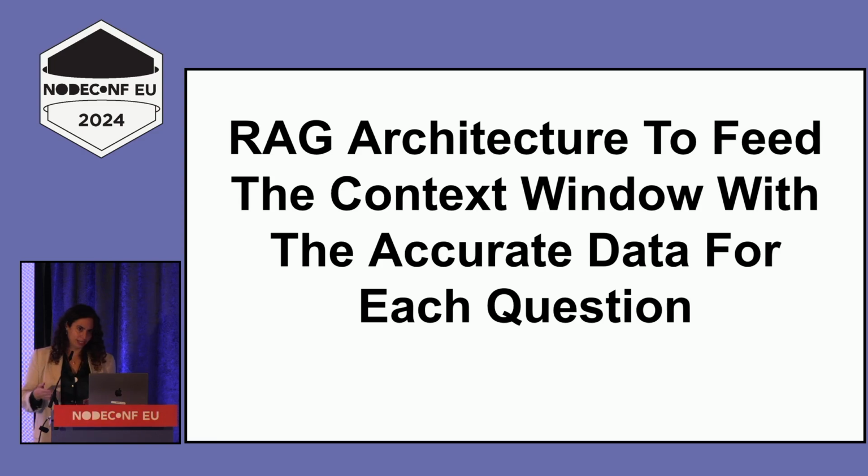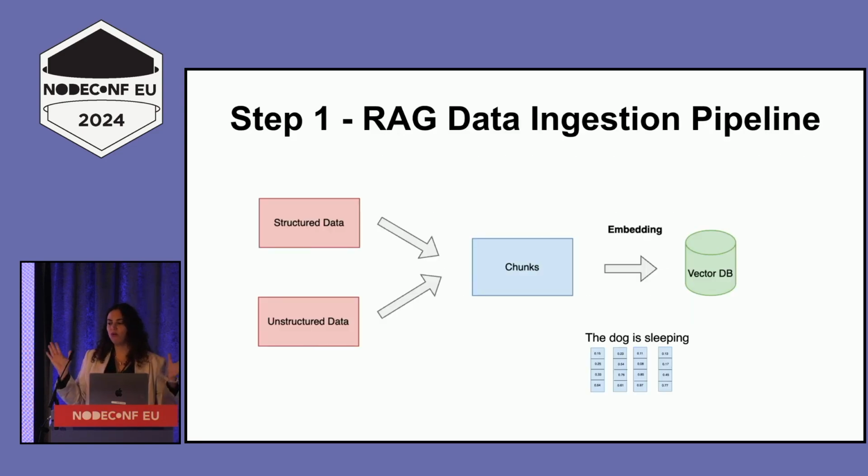And now we're getting to talk about the RAG architecture. In that architecture, you can feed the context window with the accurate data that is relevant to each question. RAG actually consists of two steps.